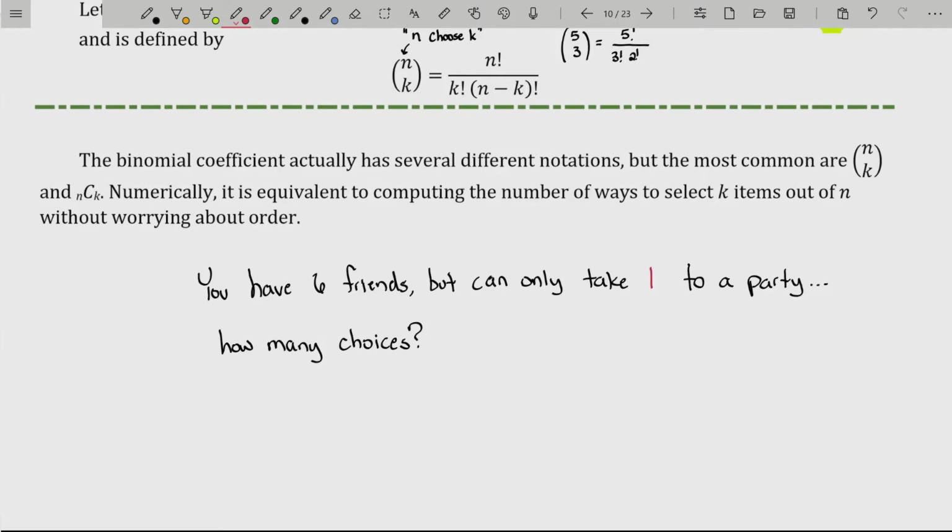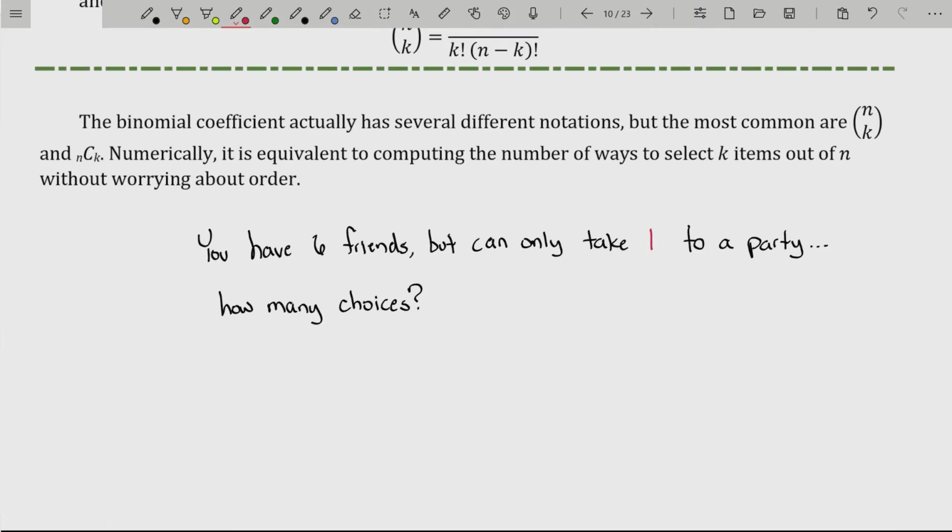They're all your best friends, okay? But you can only take 1. So it's like a random lottery, right? How many choices do you have? Well, you have 6 choices. Out of 6, to choose 1, you could choose either person A, person B, person C, person D, person E, or person F. Those are your 6 choices.